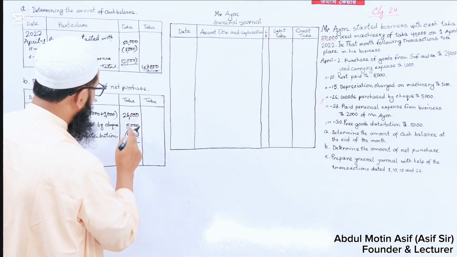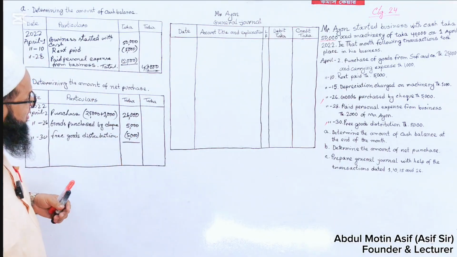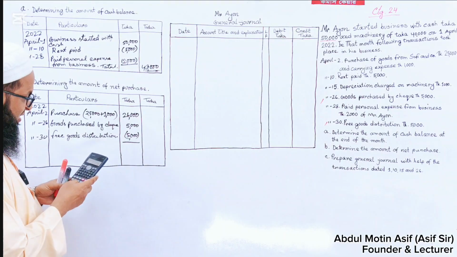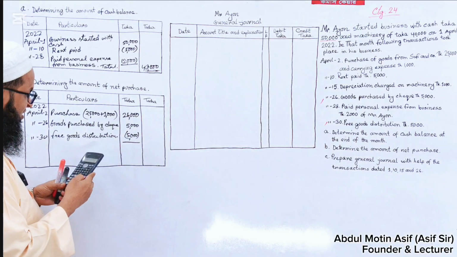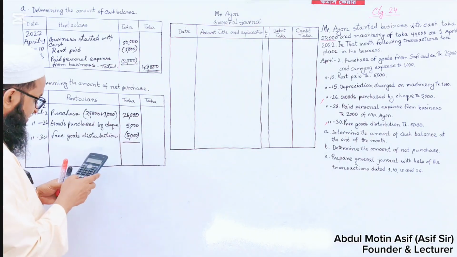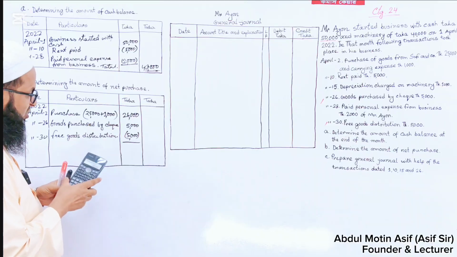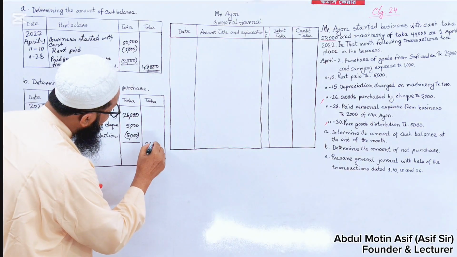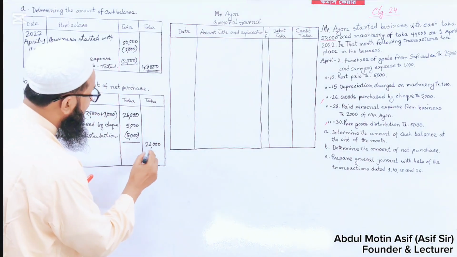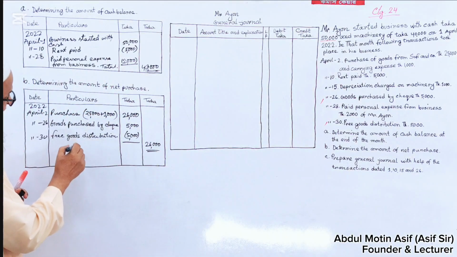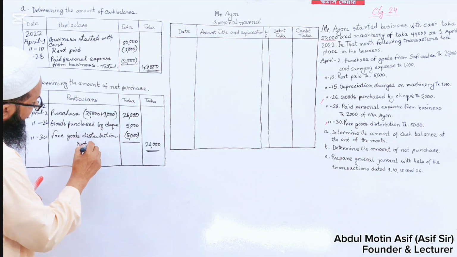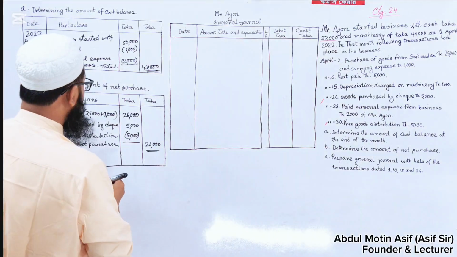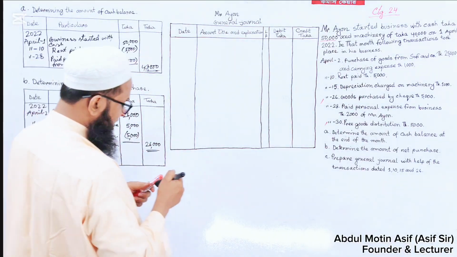It decreases our purchase, so minus 5,000 from 26,000. Okay, dear students, we determined the amount of net purchase.